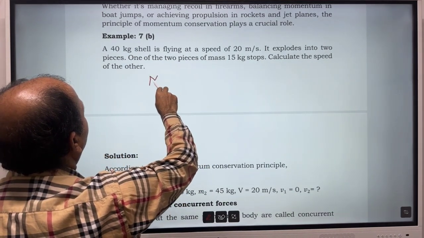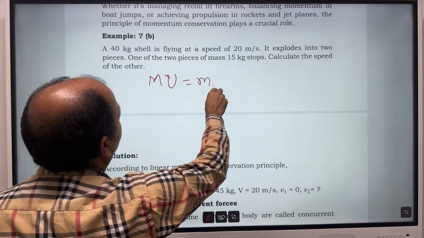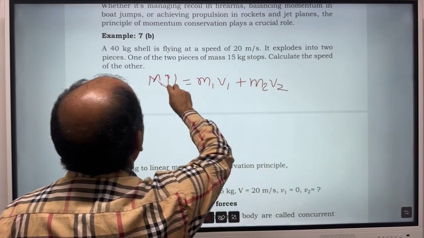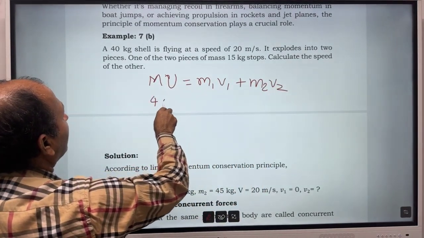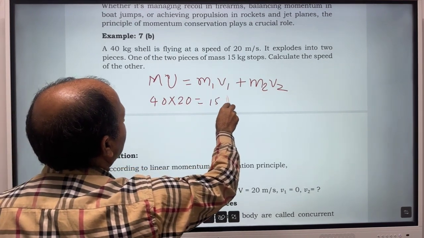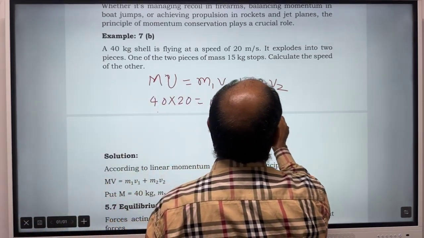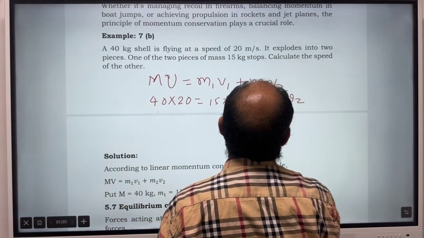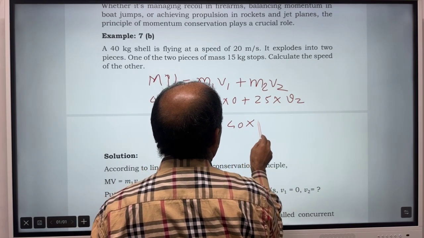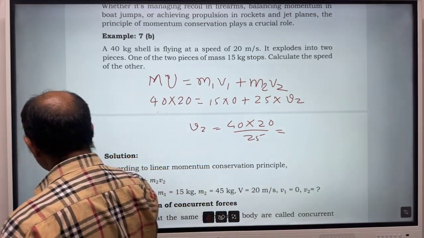So in the beginning, say MV must be equal to m1 v1 plus m2 v2. So mass is given 40 and velocity is given 20. The 15 kg piece comes to rest, so its velocity is 0. Then the remaining 40 minus 15, which is 25 kg, will have a certain velocity. Our concern is to get v2, so we can calculate 40 into 20 divided by 25. This will give the answer.